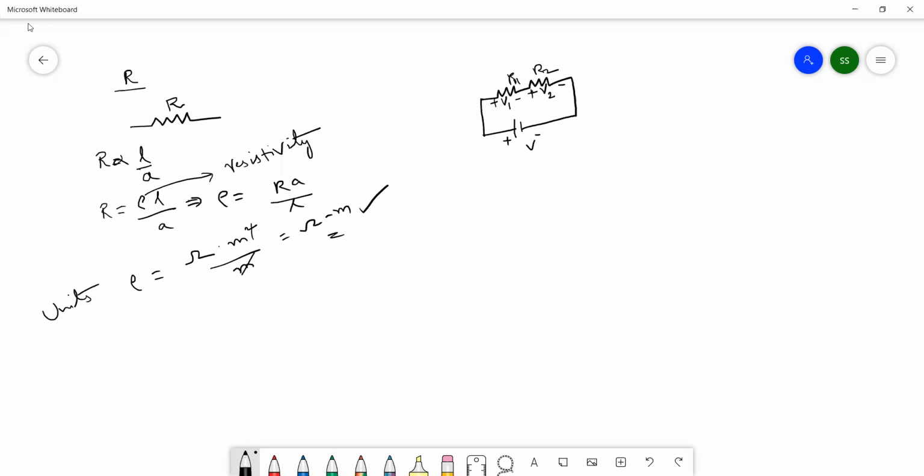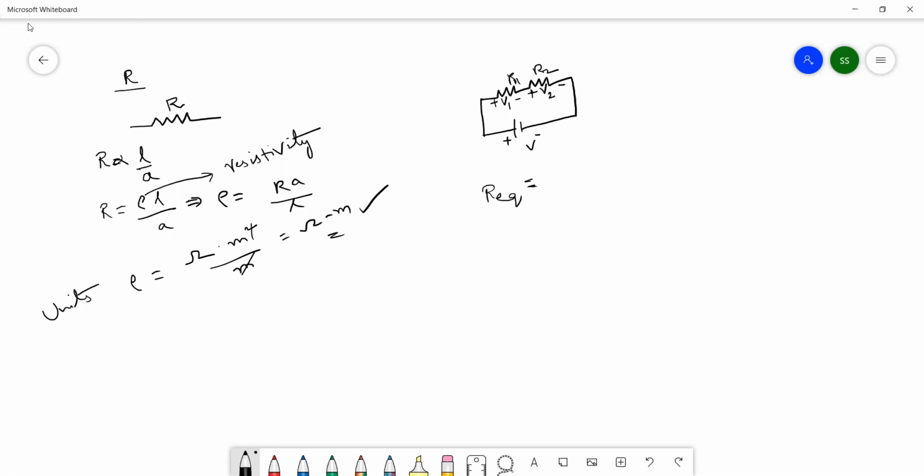Now tell me what is the equivalent resistance, or total resistance, for this circuit? R1 plus R2. I think everyone knows, right? When two or three resistors are connected in series, it is the summation of all the given resistances.